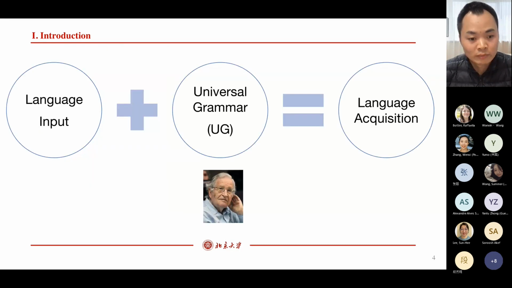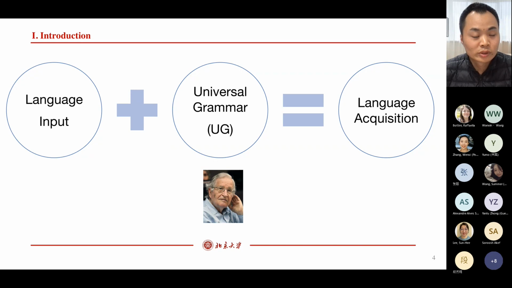Many of you are very familiar with Noam Chomsky and his famous universal grammar theory. According to UG theory, language acquisition is made possible not because of language input, but because of universal grammar, which is innate in our brain, which we are born with.